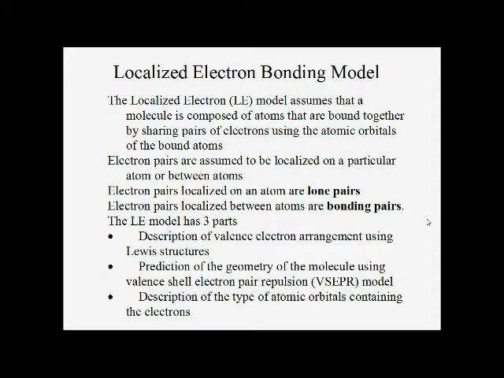We're going to start off using Lewis structures to describe where the electrons are, whether we have bonding pairs or lone pairs. Then we're going to use valence shell electron pair repulsion to describe the geometry of the molecule. Then we're going to go into hybrid orbitals to describe the types of atomic orbitals that are holding these electrons.